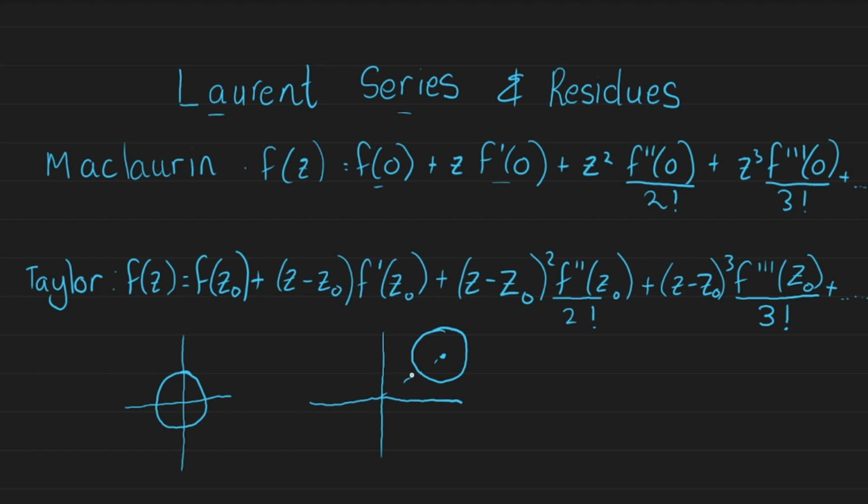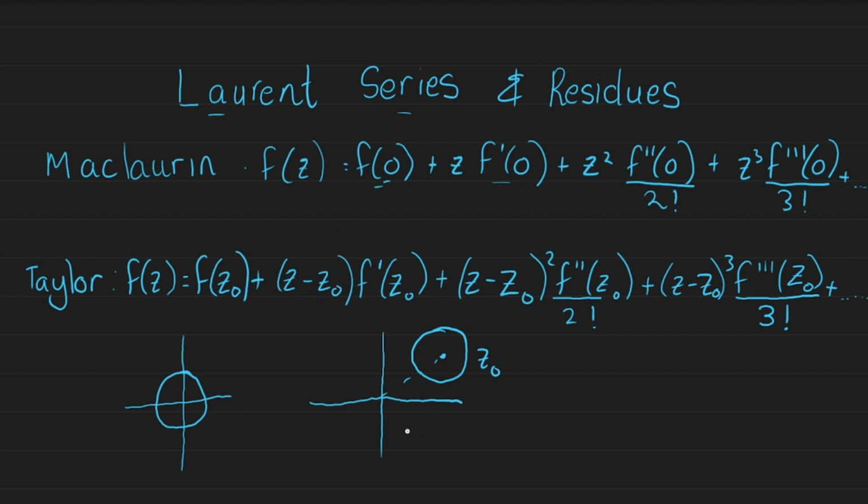So in this way, we have now considered some kind of series expansion outside of our singularity. And of course, the only difference in the actual expansions is that where we would have 0 in the Maclaurin series, we substitute our arbitrary point, that's z minus z0.